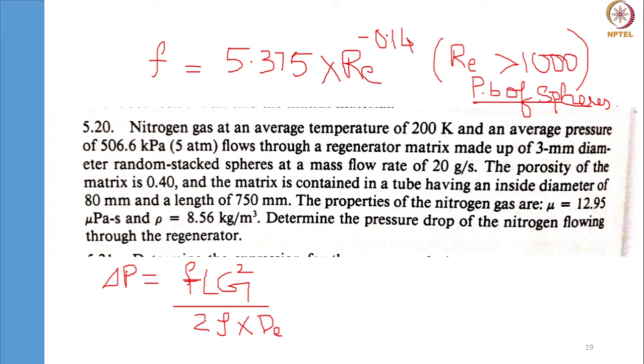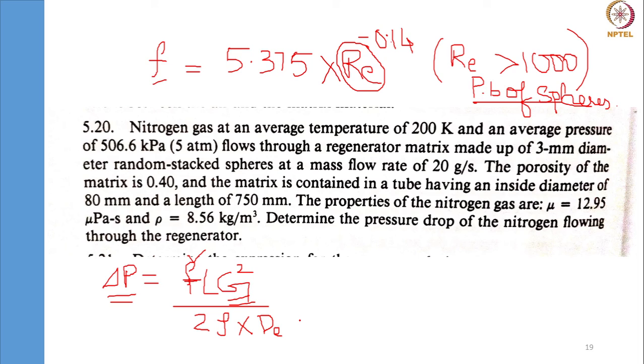For finding out delta P, we have to find out friction factor f. For finding out friction factor, we need to find out Reynolds number. That is our first target. For finding out Reynolds number, we need to find G, the mass velocity.